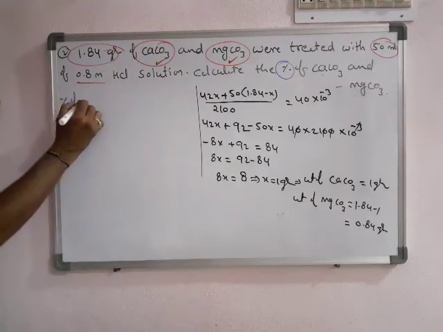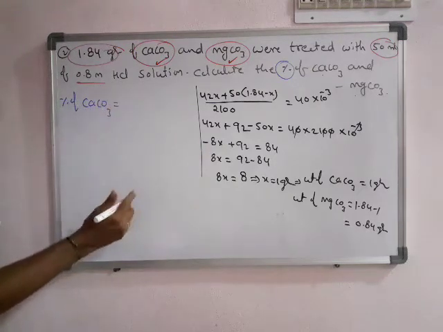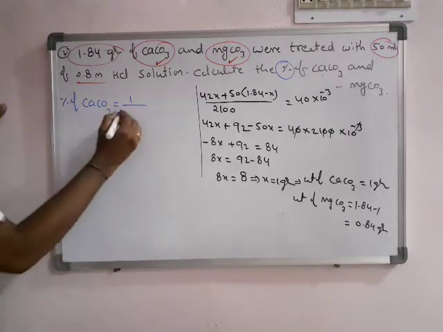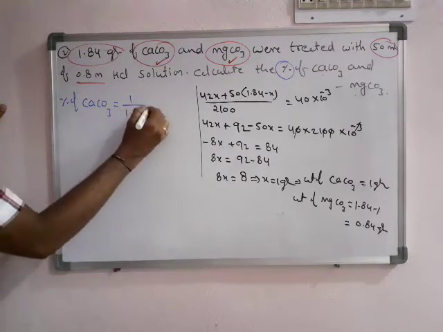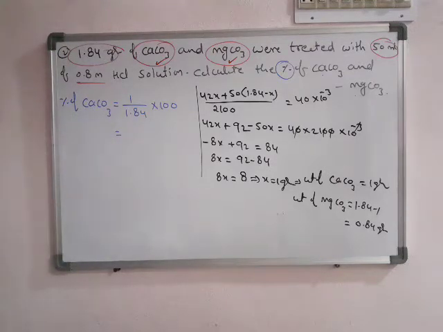The percentage of CaCO3 means weight of CaCO3, how much? 1 by what is the total weight? 1.84 into 100. So approximately here we get 54.35.